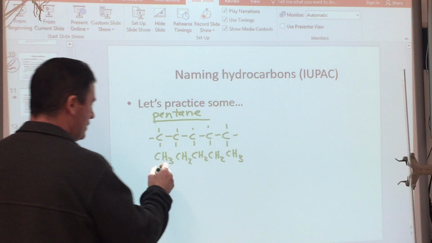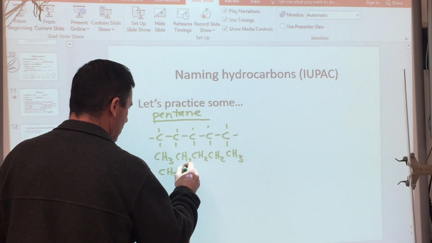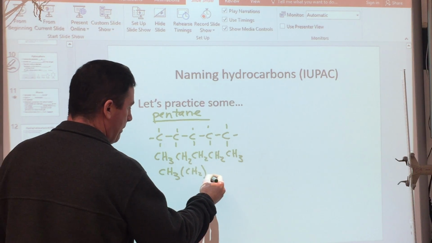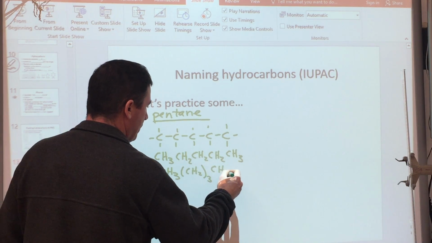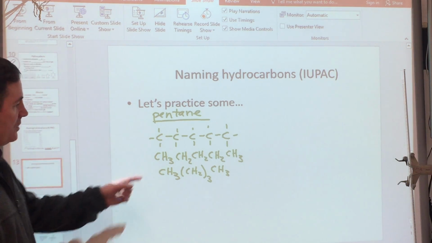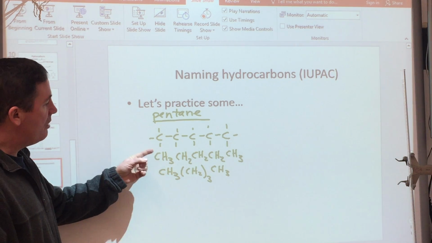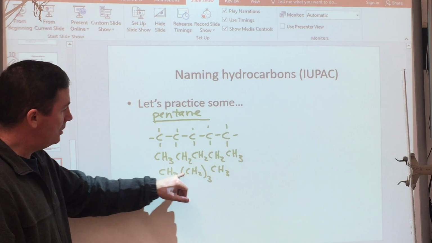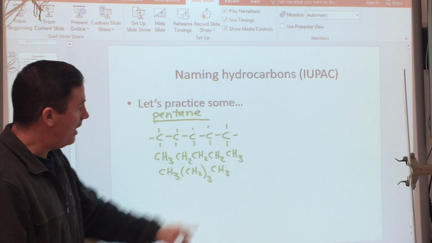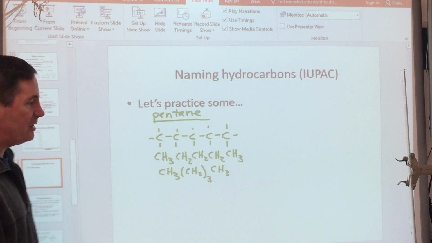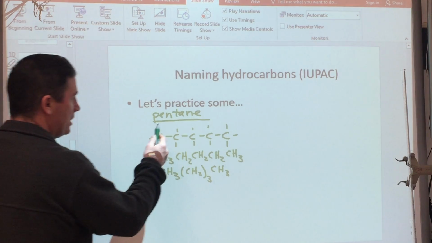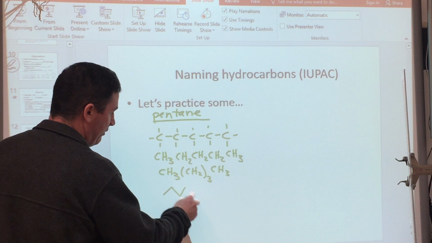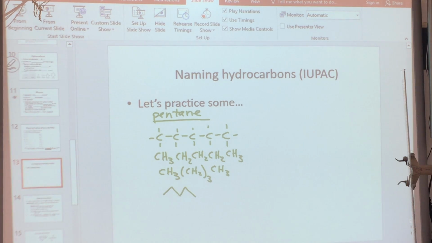Sometimes you'll see it like this. 1, 2, 3 of them. So this still indicates that there are 3 carbons in the middle. So we still have 5 carbons. 1, 2, 3, 4, 5. So it's a different way you might see a condensed formula. And then the skeletal structure, there are 5. 1, 2, 3, 4, 5. Okay?